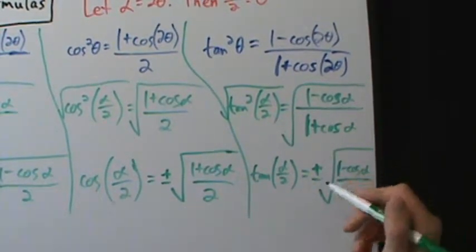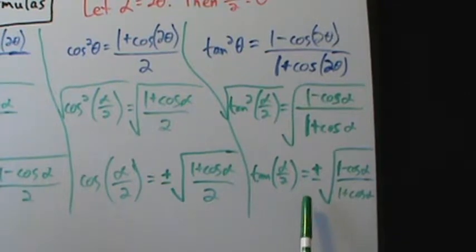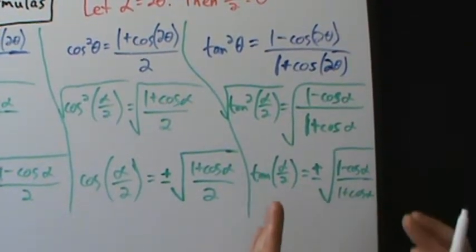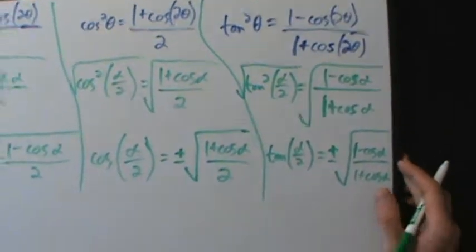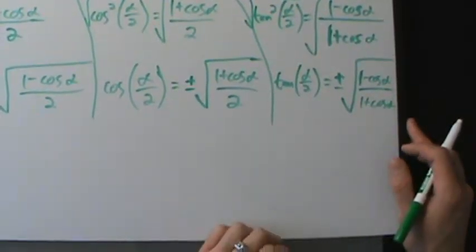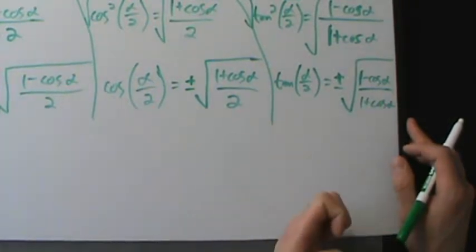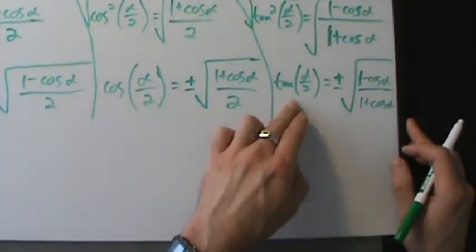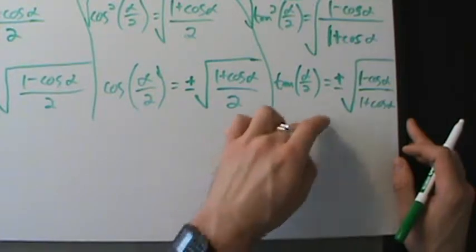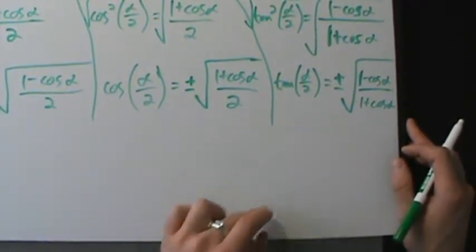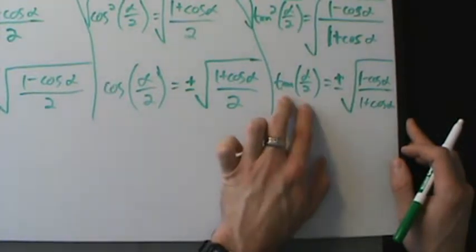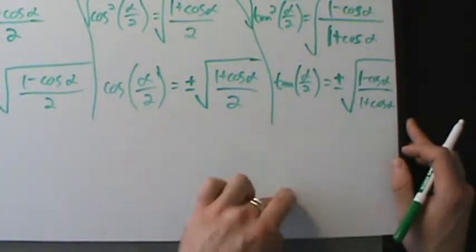And the same principle applies. Which is it, positive or negative? It depends where alpha over 2 is. Remember, tangent of an angle is positive if that angle is in quadrant 1 or quadrant 3, and tangent of an angle is negative if the angle is in quadrant 2 or quadrant 4.